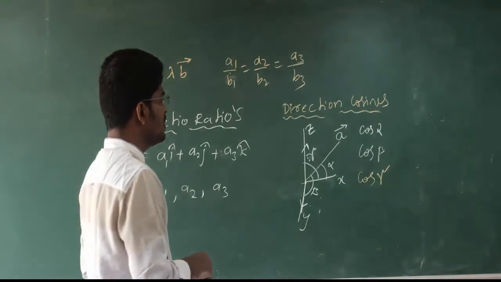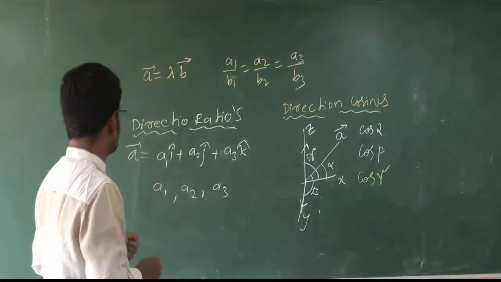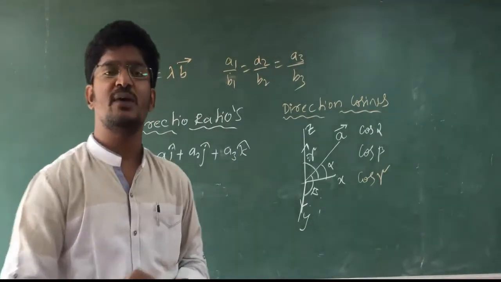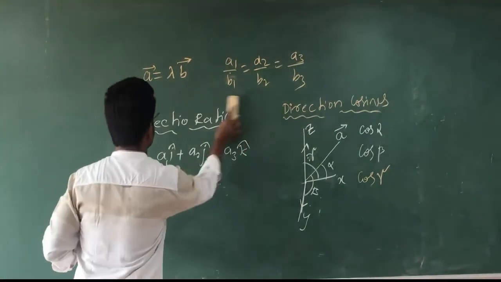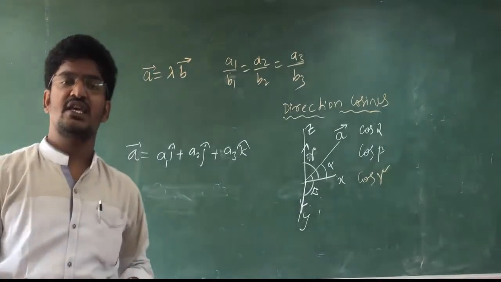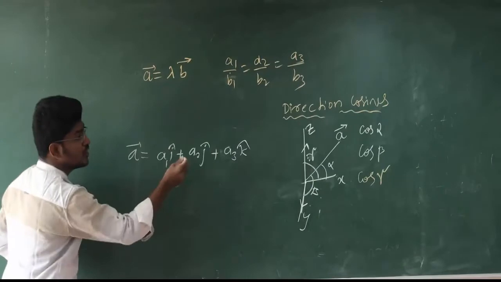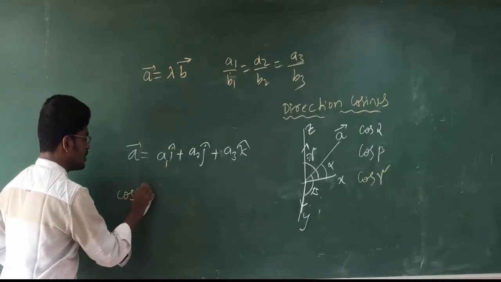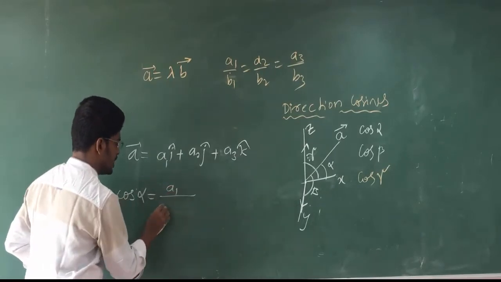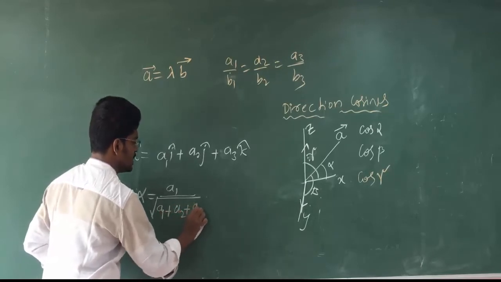Okay. Then how to find cos alpha, cos beta and cos gamma? Very simple. See, here the vector is given as a1 i cap plus a2 j cap plus a3 k cap. This is the given vector A. Now I want to find cos alpha. Cos alpha is given by the formula a1 divided by root of a1 squared plus a2 squared plus a3 squared.